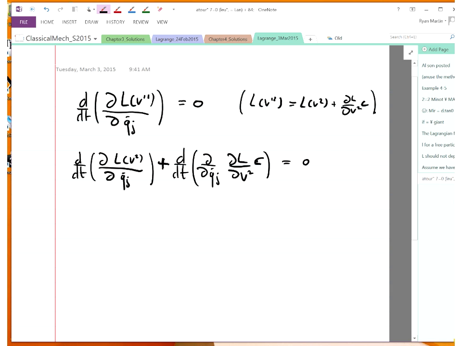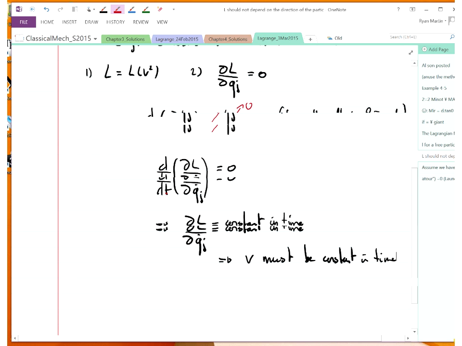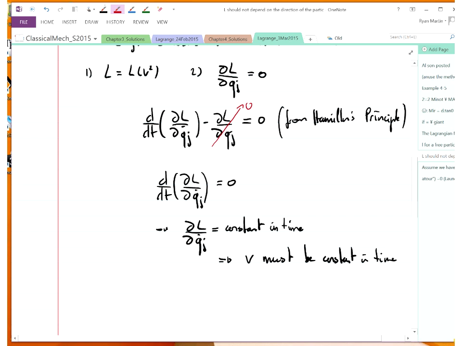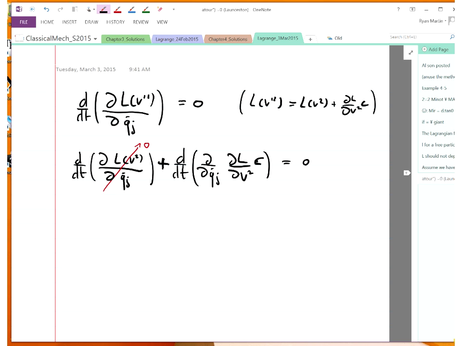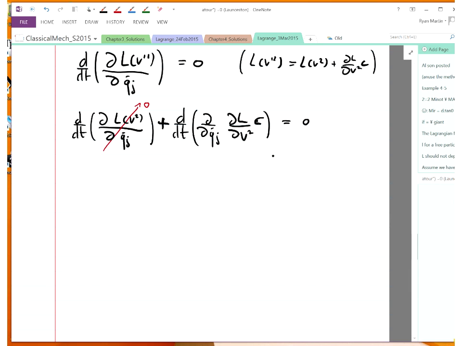I've just plugged in L of V prime squared in terms of L of V squared. Now, the first term we already showed was 0, because that's what's required in my frame of reference: I already said that d/dt of ∂L/∂Qj dot is equal to 0. So that first term is 0. That means the second term is 0 as well, because it's got to equal 0. So the second term is 0, then the thing in parentheses of the second term is a constant.